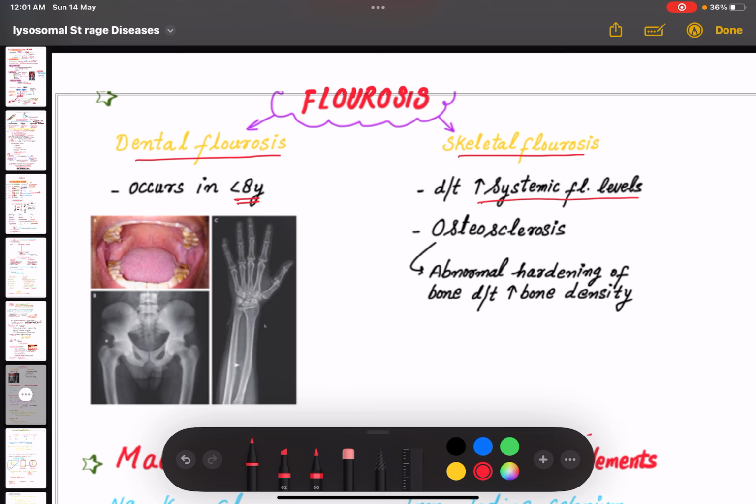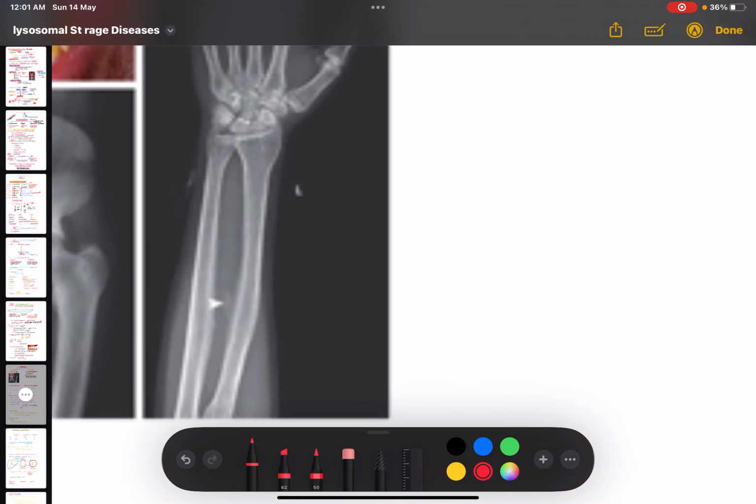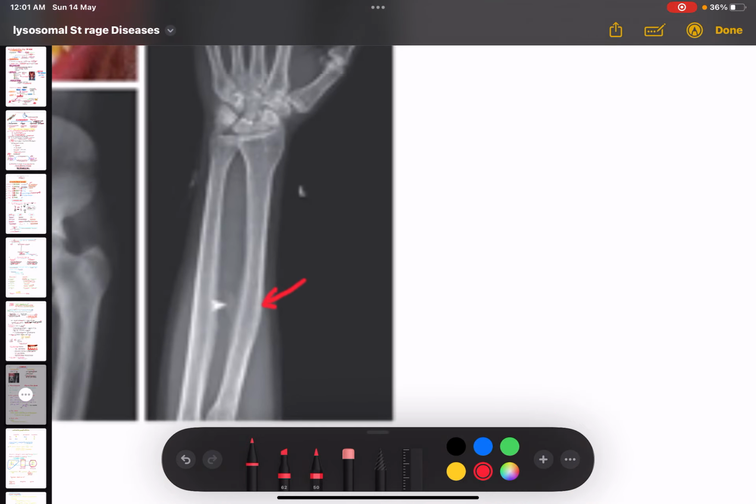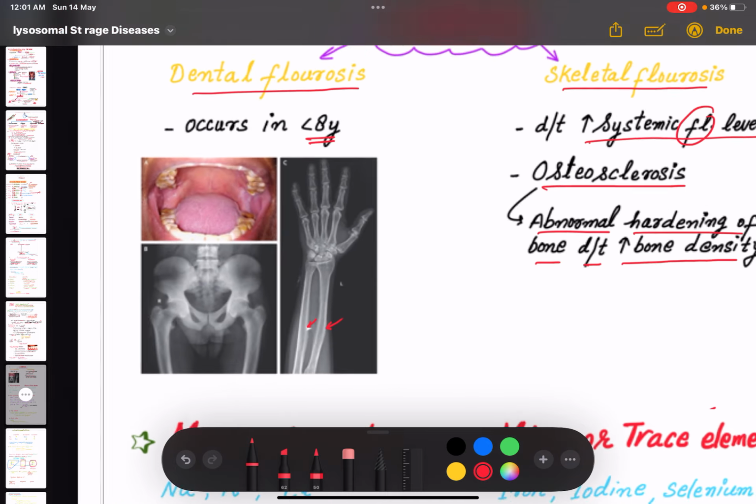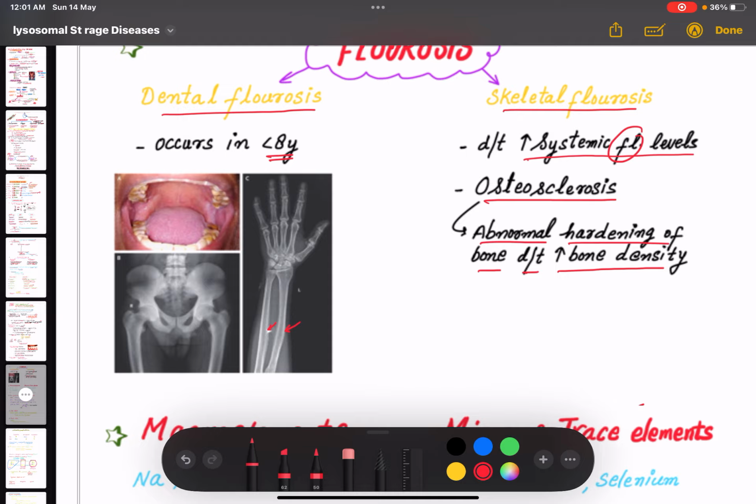Okay, and skeletal fluorosis is associated with osteosclerosis. What is osteosclerosis? It is the abnormal hardening of bone due to increased bone density, which is seen in skeletal fluorosis.